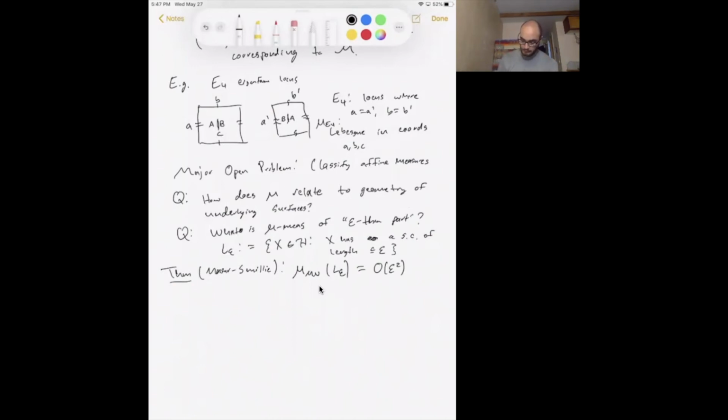So there's some constant that just depends on the stratum that you're in, such that the measure is less than that constant times epsilon squared.